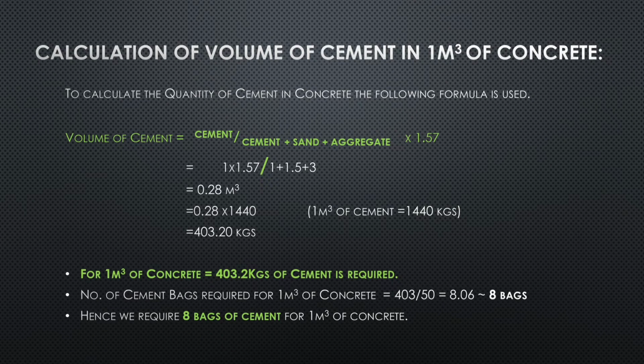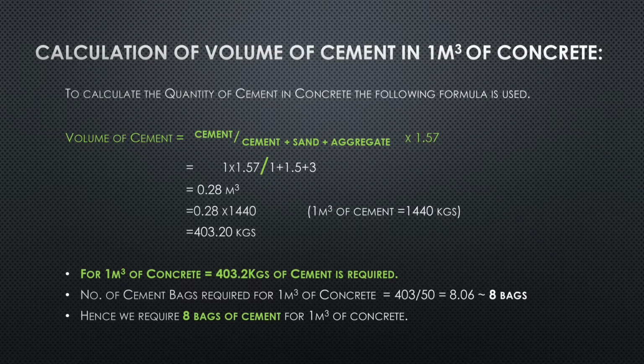Calculation of volume of cement in 1 cubic meter of concrete. To calculate the quantity of cement in concrete, the following formula is used: volume of cement divided by sum of the ratios, into 1.57. Here cement is 1 and 1.57 is the factor of safety, divided by 1 plus 1.5 plus 3, equals 0.28 meter cube.